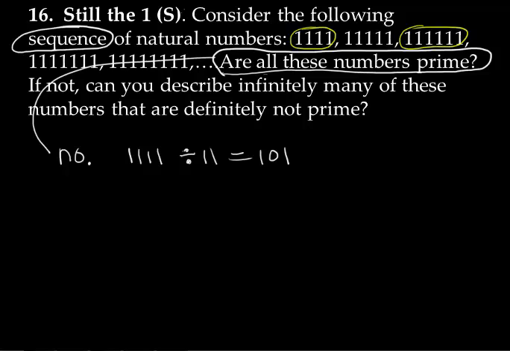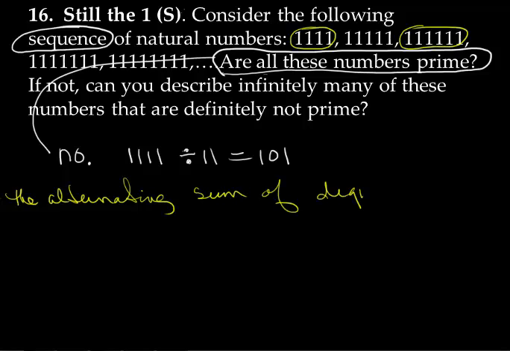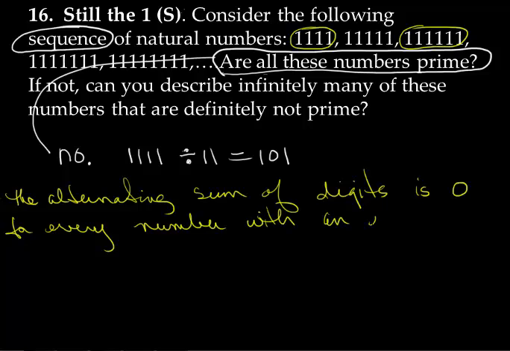And we can see that, let's see, how could I write this the best way? The alternating sum of digits is 0 for every number with an even number of digits.